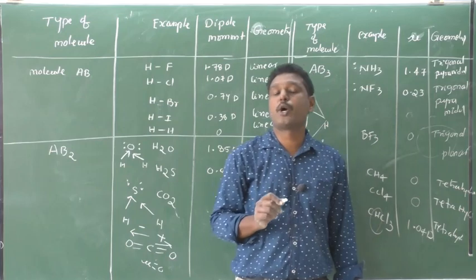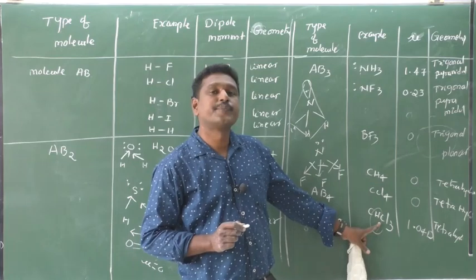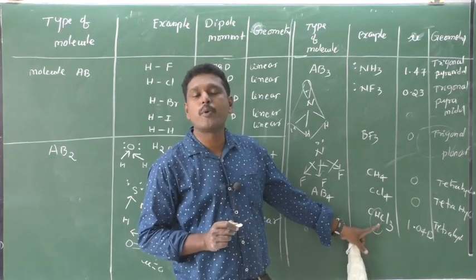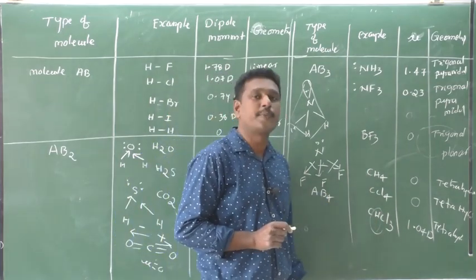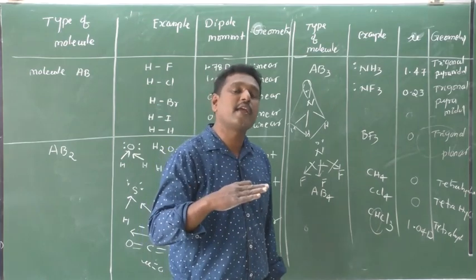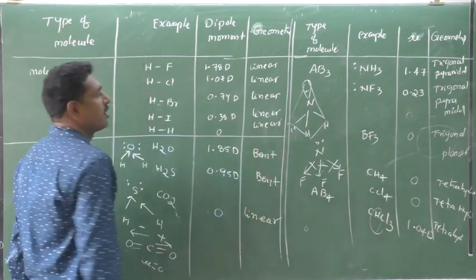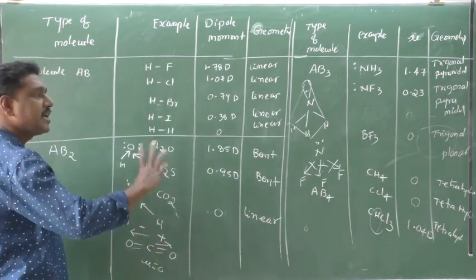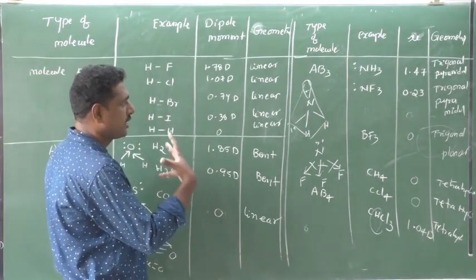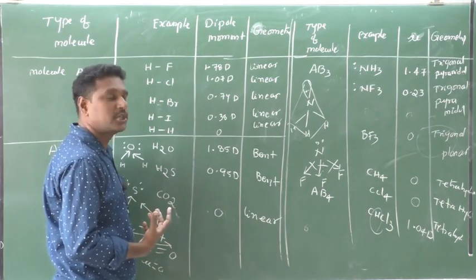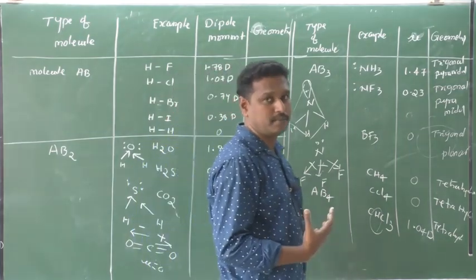So in CHCl3, polarity occurs, and we observe a dipole moment or bond moment. But in case of CH4 and CCl4, we do not observe any bond moment. Linear molecules can also have a dipole moment if dissimilar atoms form the linear structure.